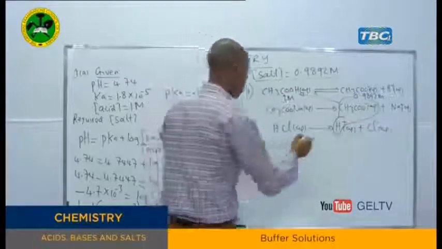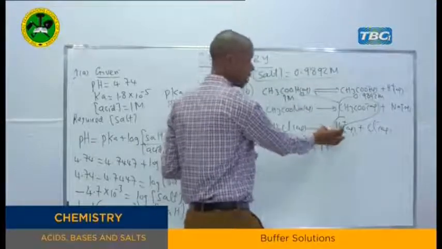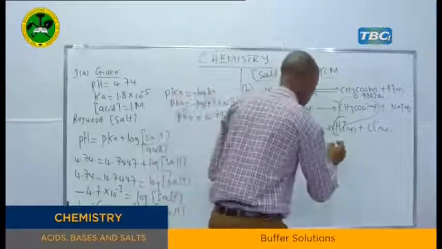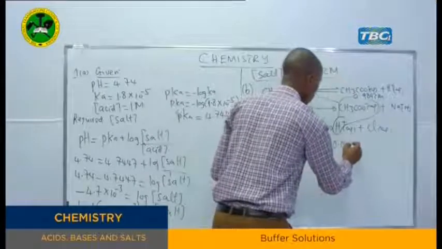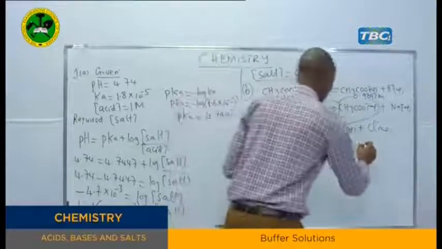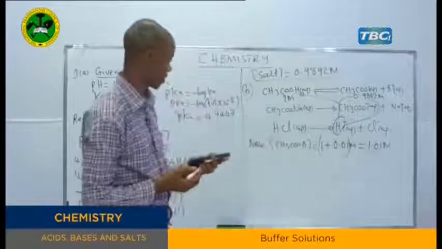So the concentration of the acid will be 1 plus the concentration of the acid which is added, because it is formed here. The concentration that is formed there is 0.01 molar. That is what is added. So there we are going to obtain 1.01 molar. That will be the new concentration of the acid.